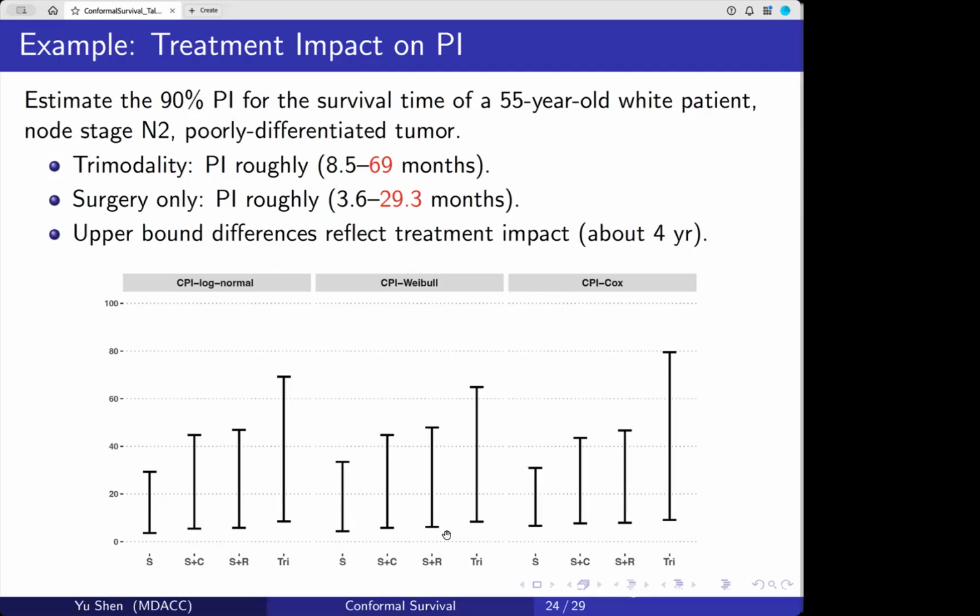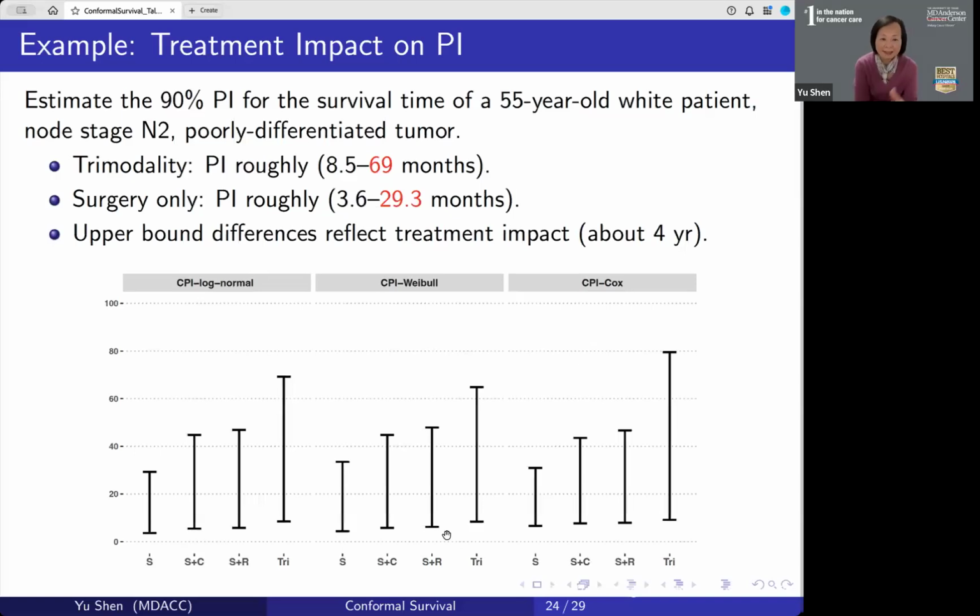Okay, got it. And then the second question: are you following outcomes for this new sample of folks that you're predicting, just to have some validation of your prediction intervals? Good question. This is just an assumed example in the setting of prediction.